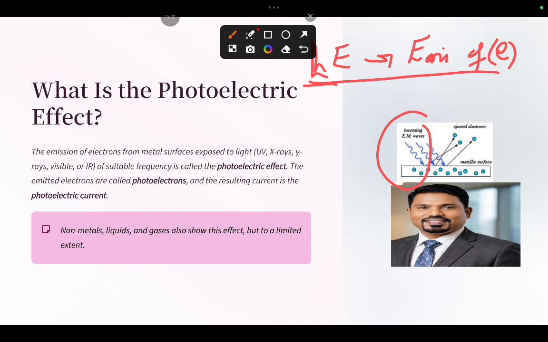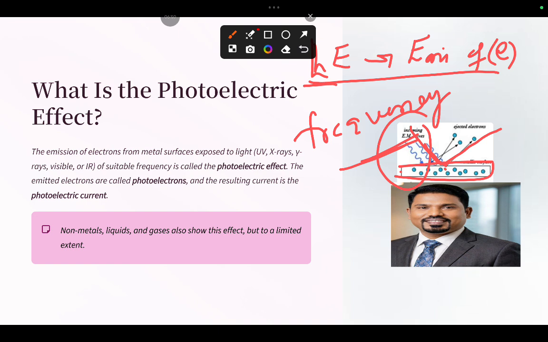When light strikes a metal surface, if the light has enough energy, then electrons are released. The energy of light depends on frequency.